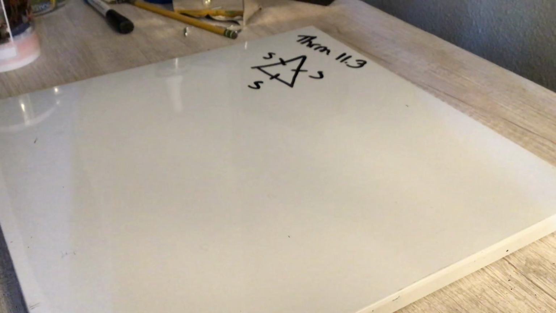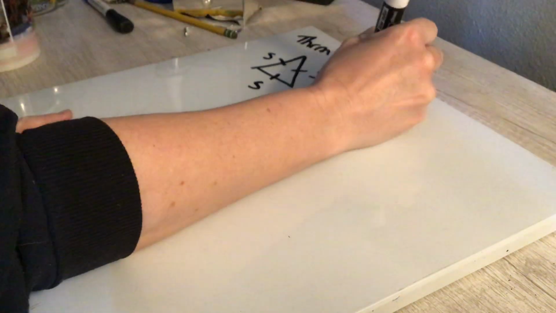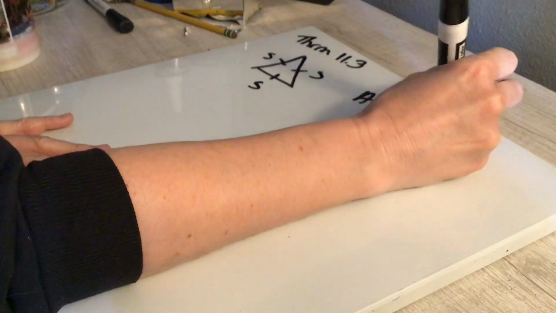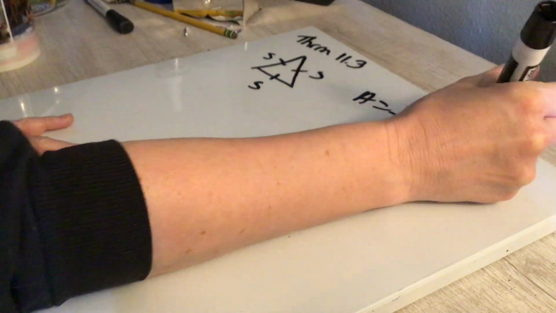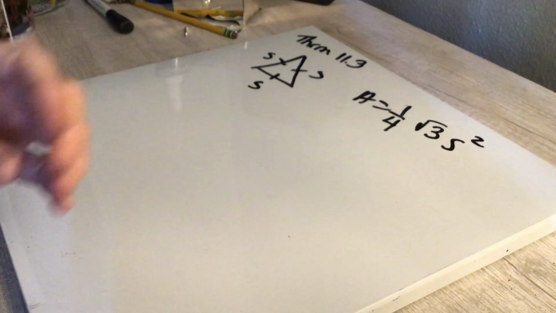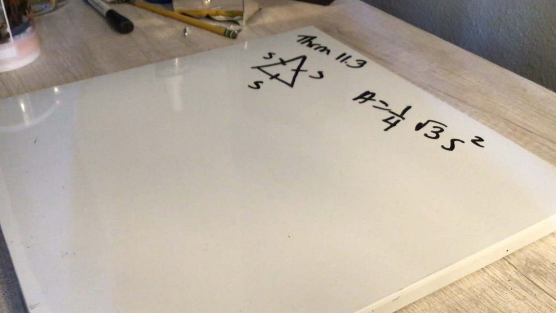So the area of an equilateral triangle is going to be 1/4 times the square root of 3 times the length of a side squared. Okay? And then we're going to be able to use that to find area of other polygons.